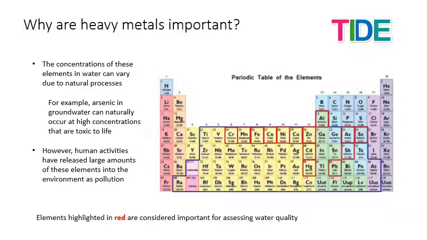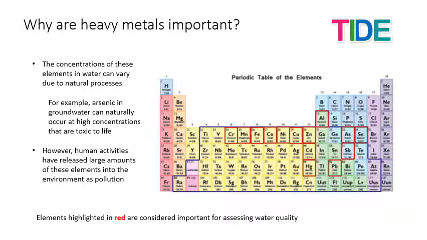And it's a common misconception that the presence of heavy metals in different parts of the environment is purely due to anthropogenic perturbation. And so a key challenge in studying issues of heavy metal pollution is distinguishing between naturally occurring levels of metals in the environment versus those released by human activities.